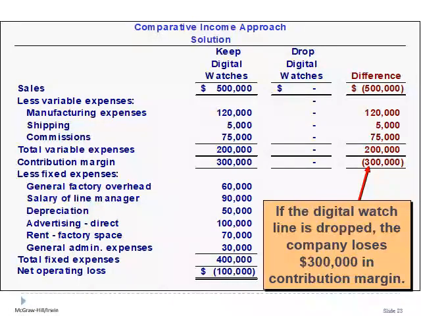It says here at the bottom, if the digital watch line is dropped, the company loses 300,000 in contribution margin. That means if we take the decision to drop the digital watches, the company's loss will be the contribution margin, which is 300,000. Okay? Let's continue this exercise.